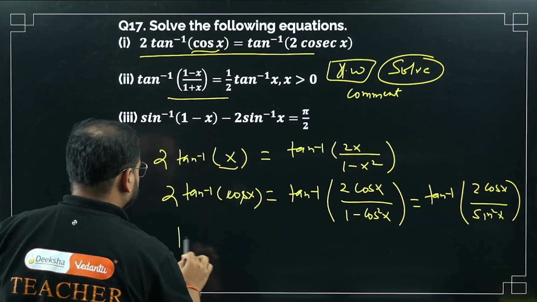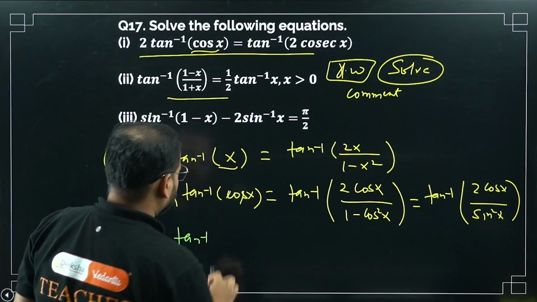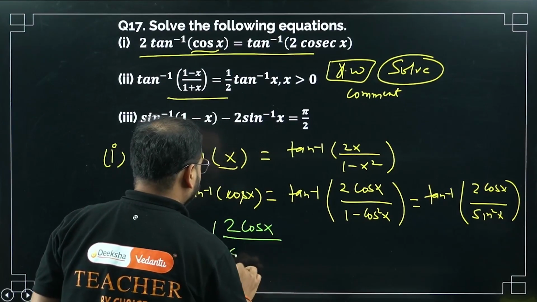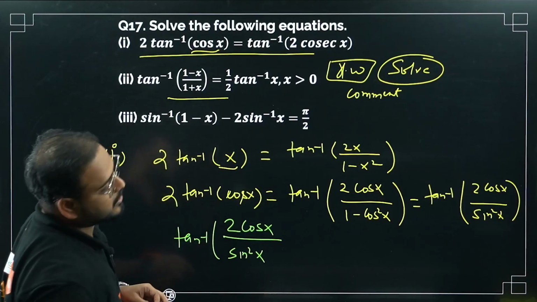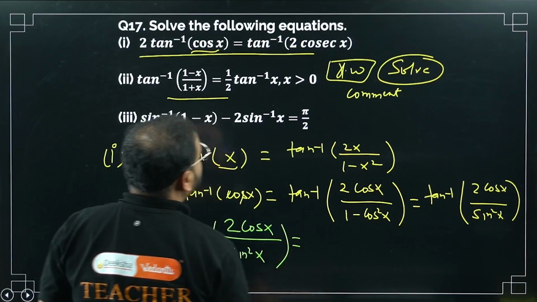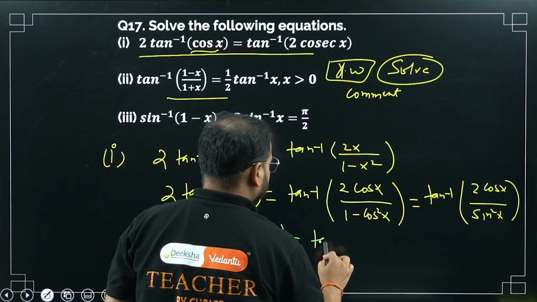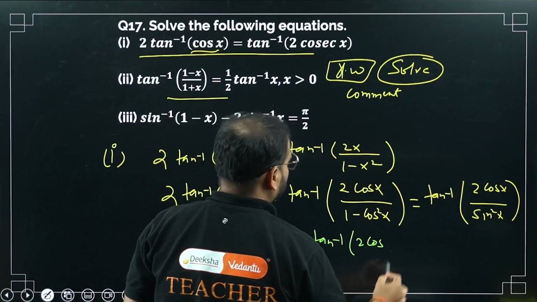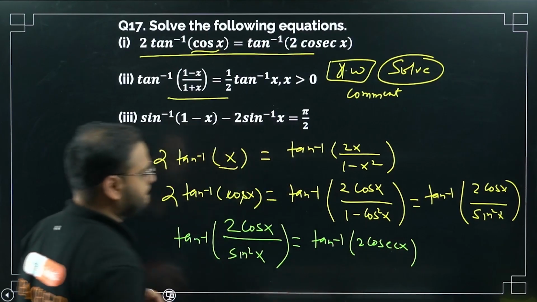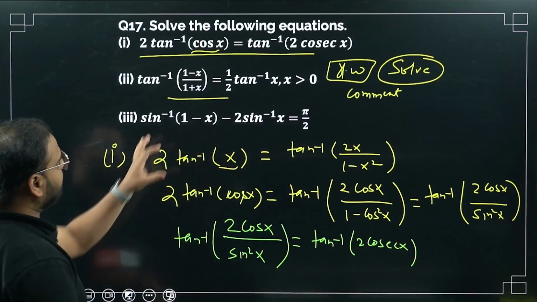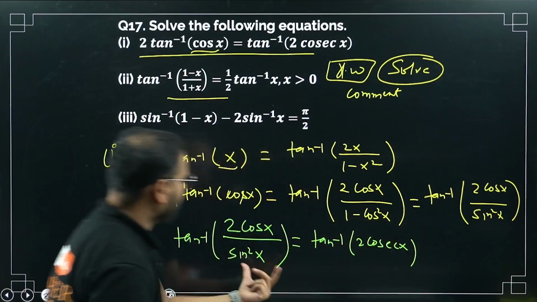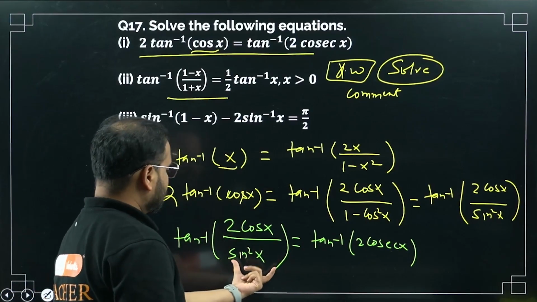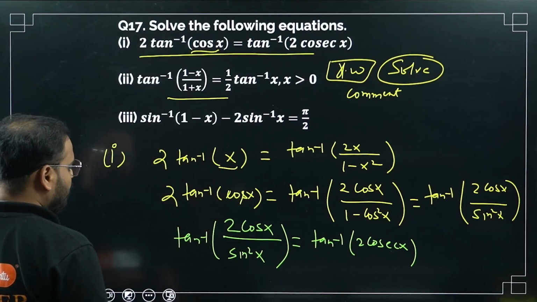I'm writing here tan inverse of 2 cos x upon sin square x equals tan inverse of 2 cosec x, the RHS, because I've written the LHS again in this form. Now I'm equating these two parts, so I can ignore the tan inverse. I can take tan on both sides. It will become this bracket itself. How will this look? Please check: 2 cos x upon sin square x.